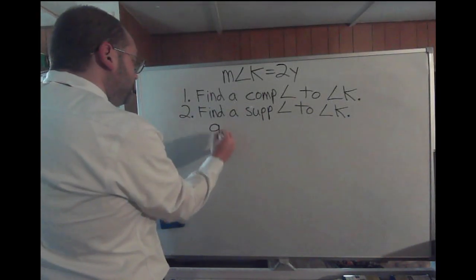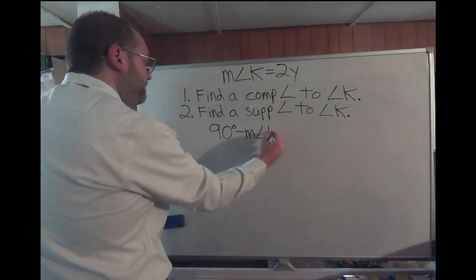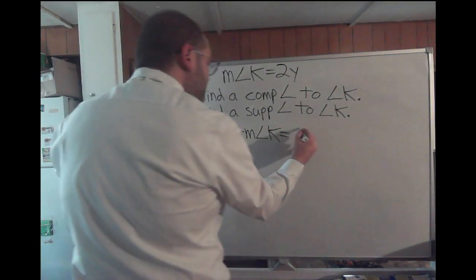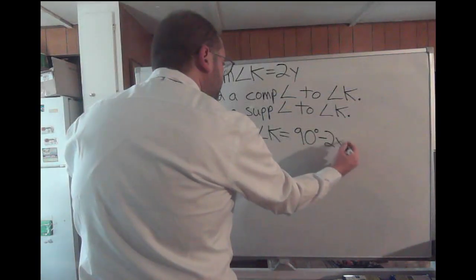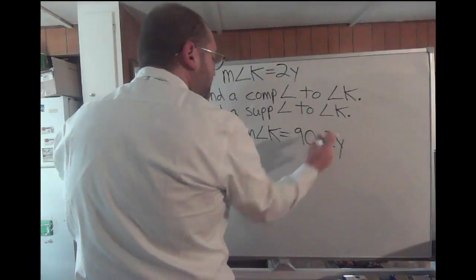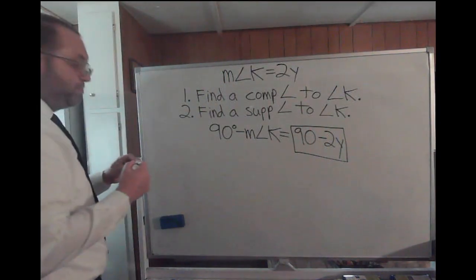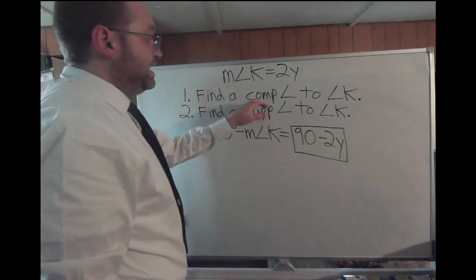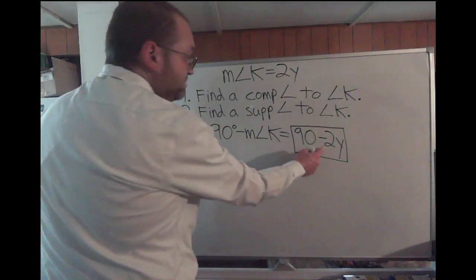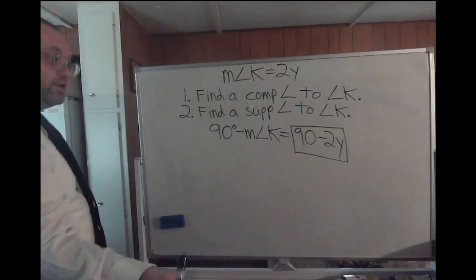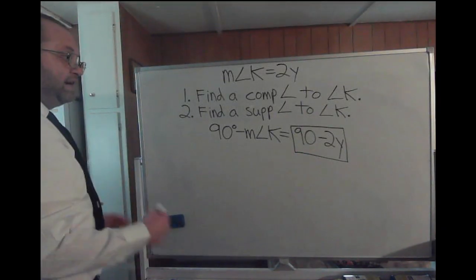That's still going to be 90 degrees minus the measure of angle K, which would mean that's going to be 90 degrees minus 2y, or just 90 minus 2y, we'll say, and that doesn't reduce any further. So the complement to angle K is going to be 90 minus 2y. And if you add 90 minus 2y plus 2y, you'll get 90 degrees. So that would prove that that's the complementary angle.